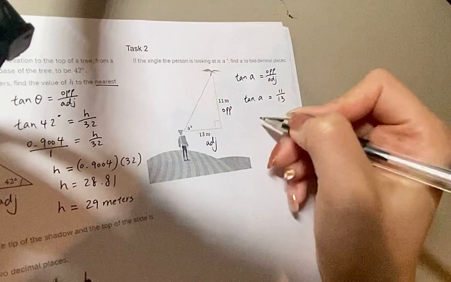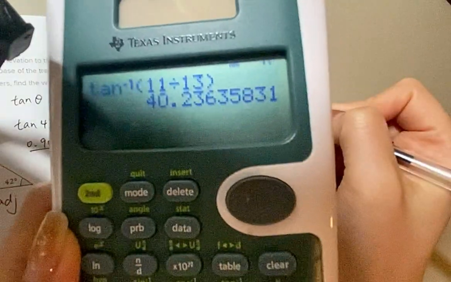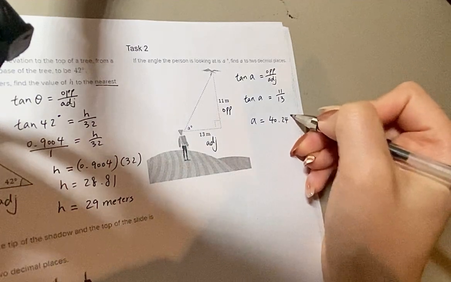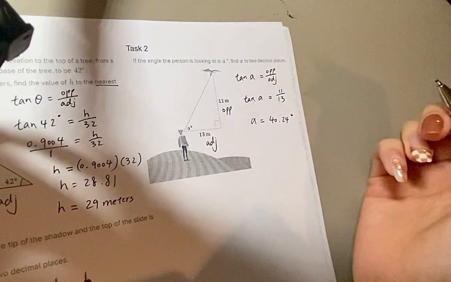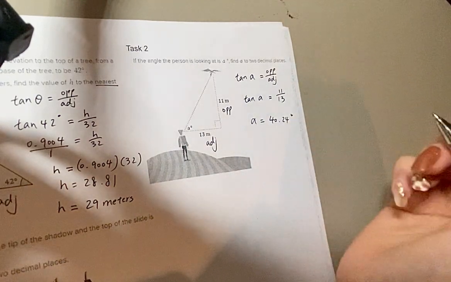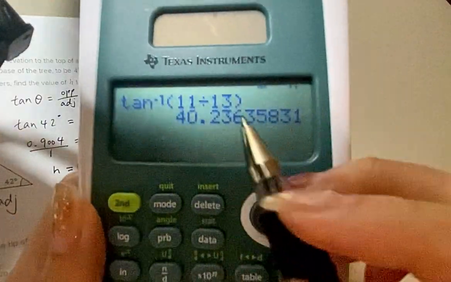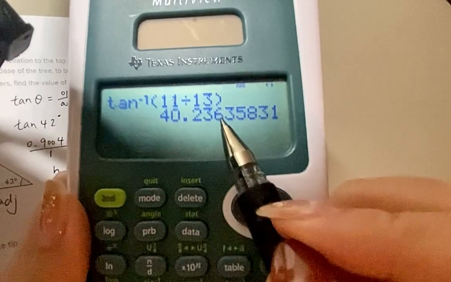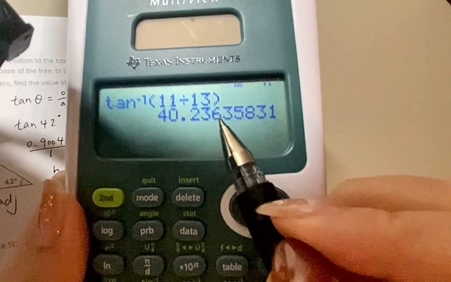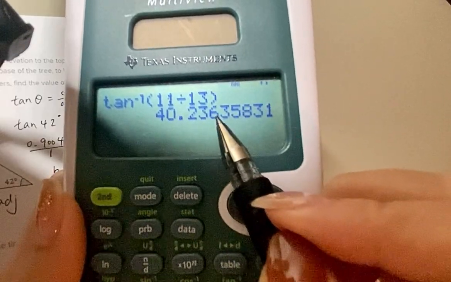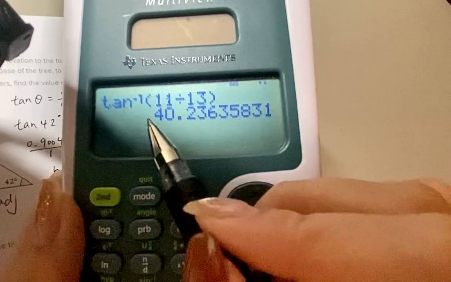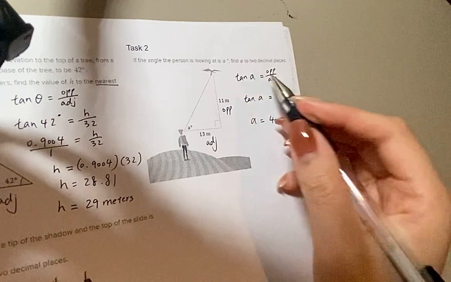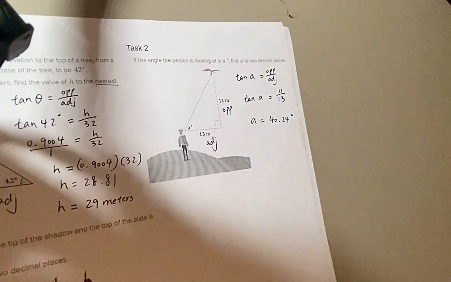So it would be A equals 40.24 degrees. It was 40.236. Since this one is bigger than 4, we need to round it up to this number. So we have 40.24. That's how we would round it to 2 decimal places.